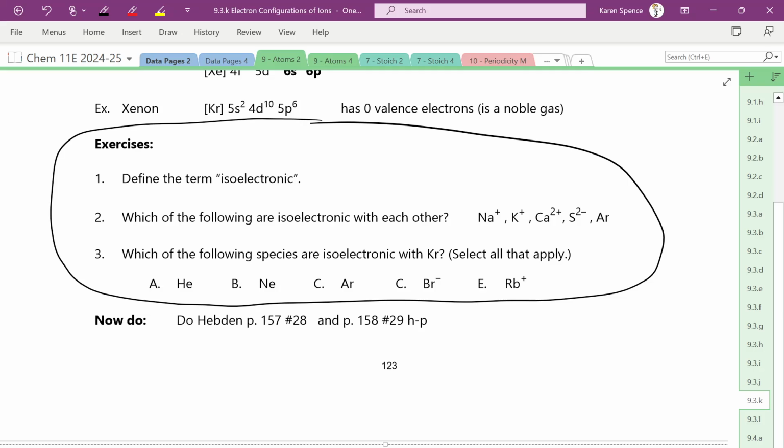Here's an element, write its configuration with the core electrons. Here's an ion, write its electron configuration. That's it. Done. No orbitals, no nothing, just write the configuration. It's a single skill. You don't need to know about orbital shapes or anything like that. You don't need to be able to draw orbital diagrams, just the configurations.